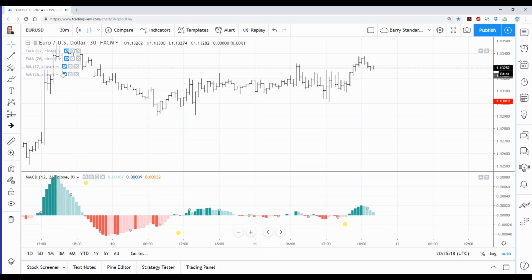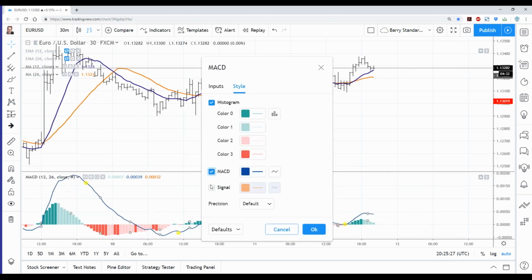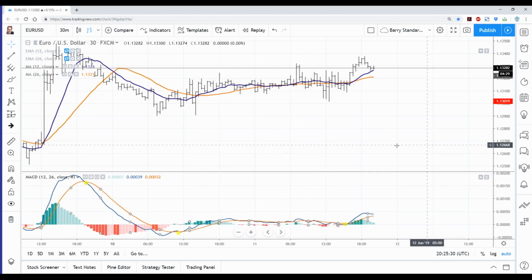Now, if we were to turn back on all of these lines, we'll see that they look pretty much the same. We can see, oh, look at that.